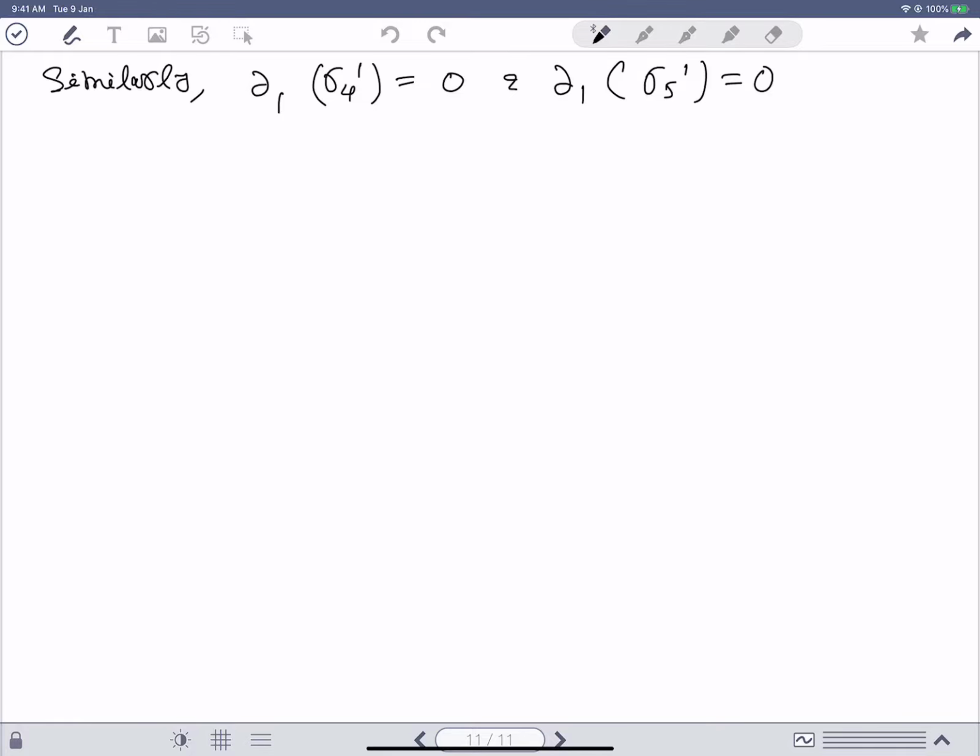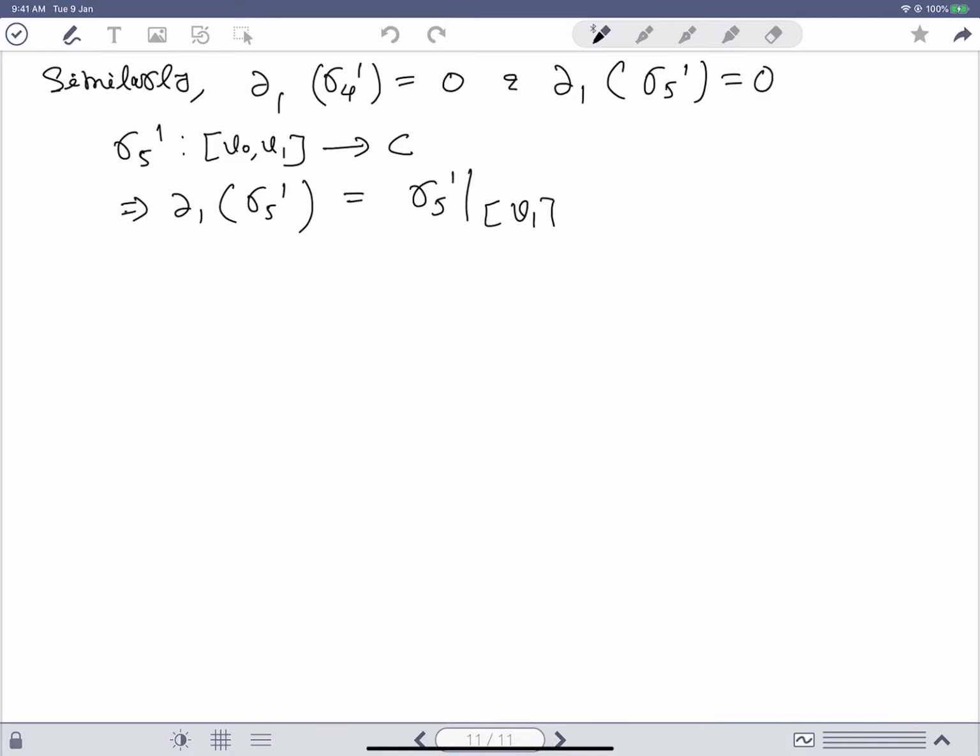Okay, is it clear why this is 0? Okay, I can explain again. Suppose you have sigma 5 1, from a 1-simplex v0 v1 to x, right? Now if you apply delta 1 to sigma 5 1, it will be sigma 5 1 restricted over v1 minus sigma 5 1 restricted over v0, right?